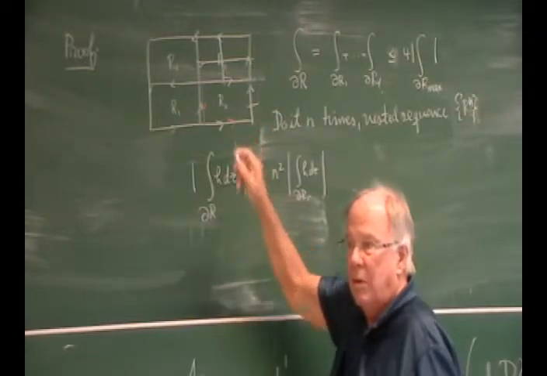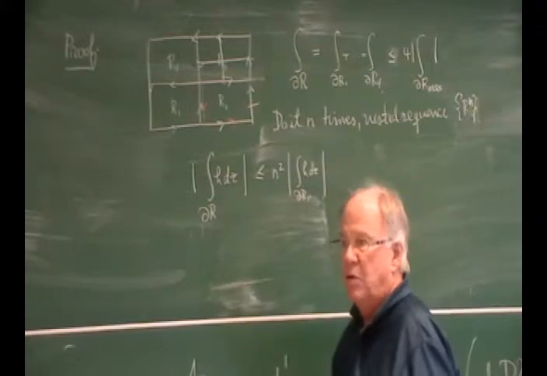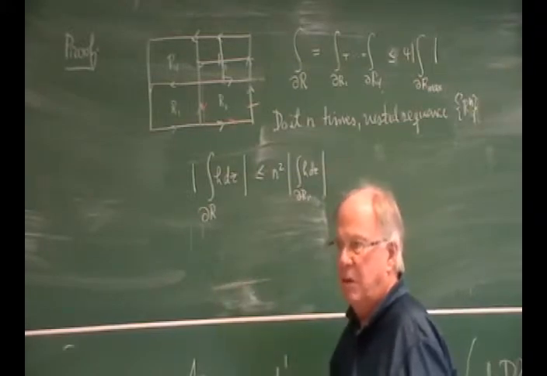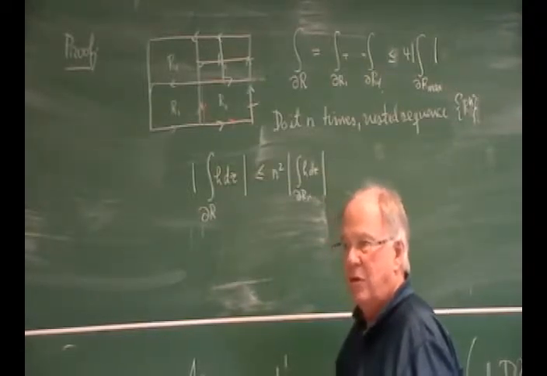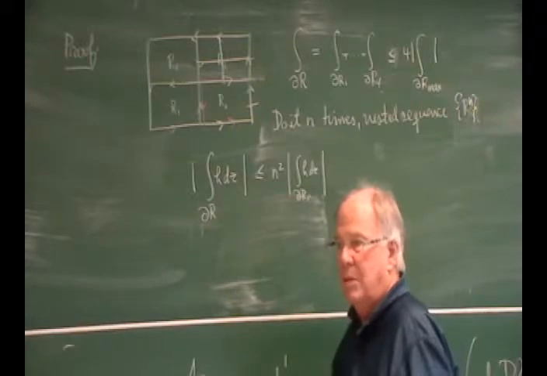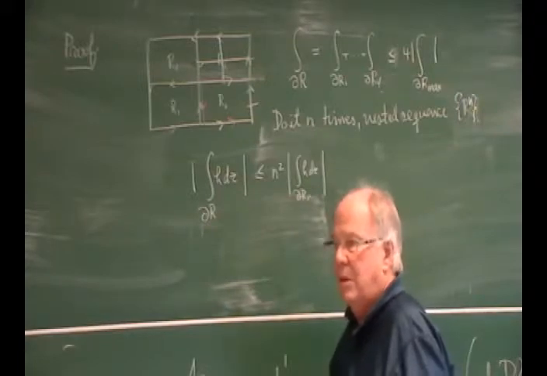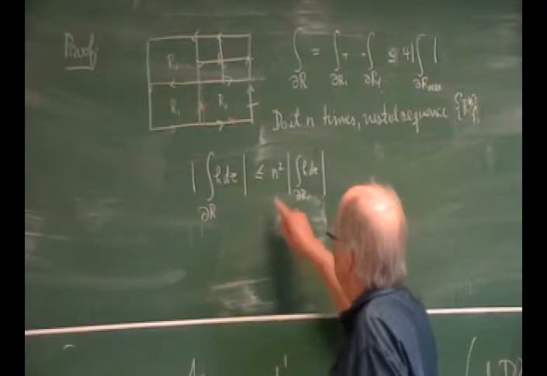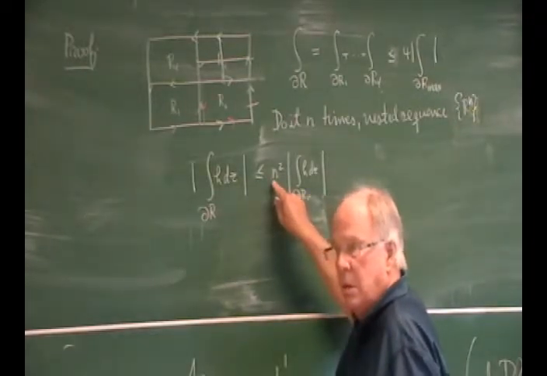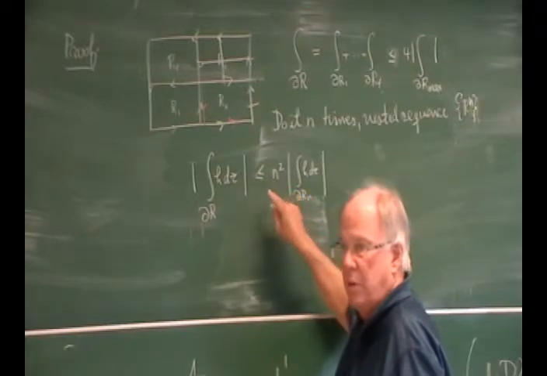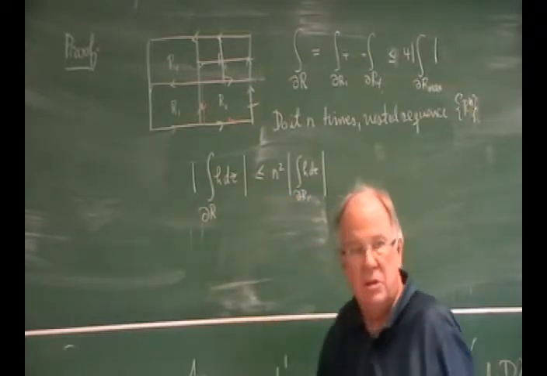Maybe I don't want to do it like that. It's maybe delicate. I want to get n squared here. Is this going to happen?